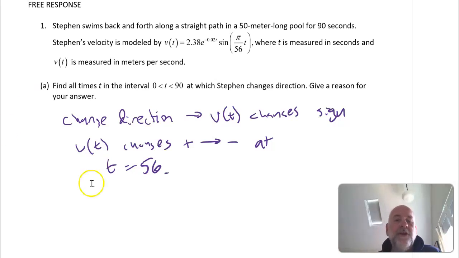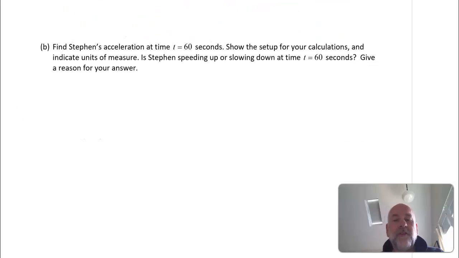Boom, that was enough. You need to have the answer, and you need to show that you were considering the sign of v of t, and even writing v of t equals 0 at 56 would probably be good enough. They actually counted that as enough. They didn't ask for too much on this one.